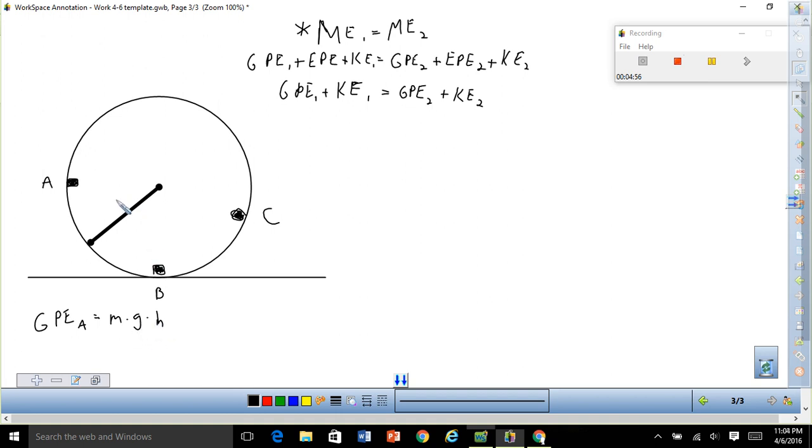In this case, height is actually equal to the radius of the bowl, and that also is a given quantity. So at this point, you have all three of those, and you would be able to solve for the gravitational potential energy at A. All right, well, fabulous. Now, if we take point 1 to be A, well, then we know GPE at A, it's some known number.